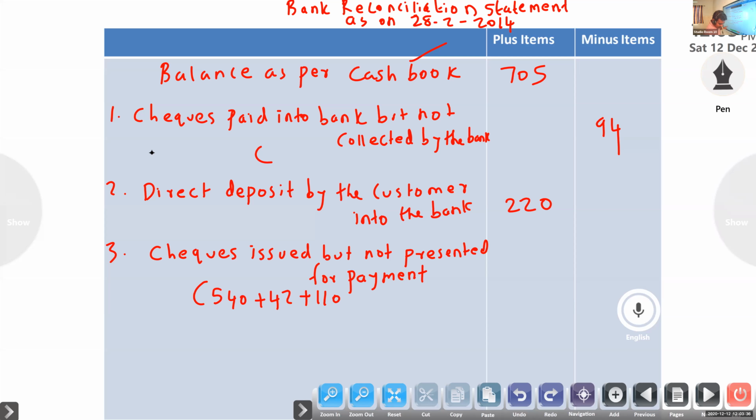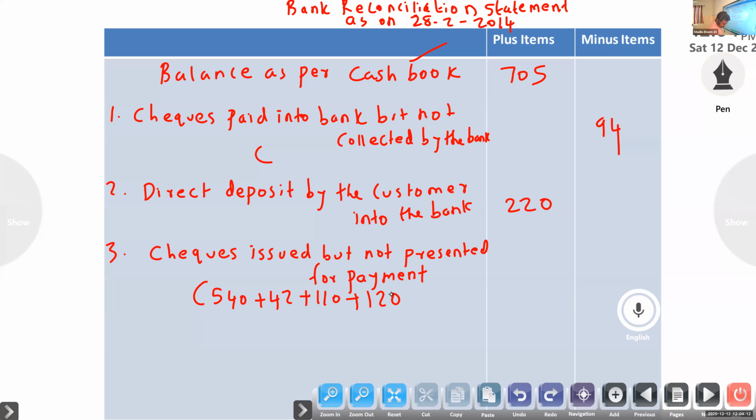So 98, 50, sorry, then 540 not there, then 42 not there, then 490 it is there, then 300 it is there, 110 not there, then 50 it is there, 120 not there.